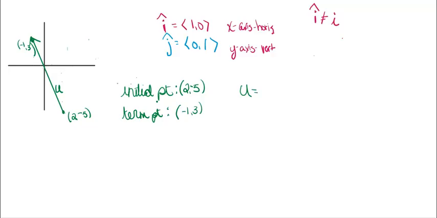And remember, we do that by taking the terminal x value and subtracting the initial x value as our first component. And then we take the terminal y value and subtract the initial y value. That's going to give our vector u in component form.